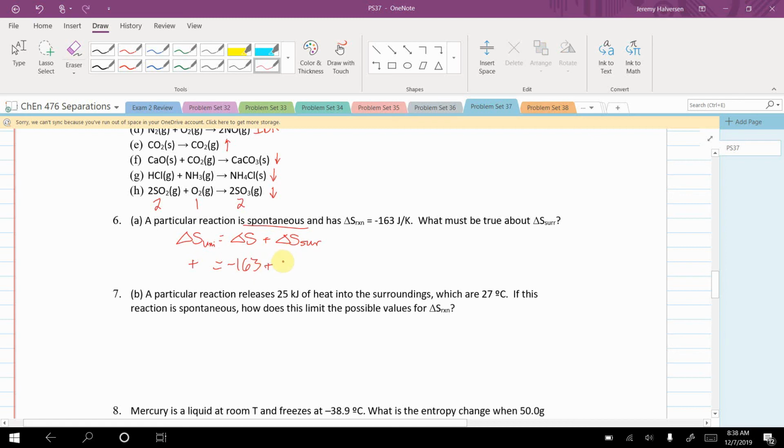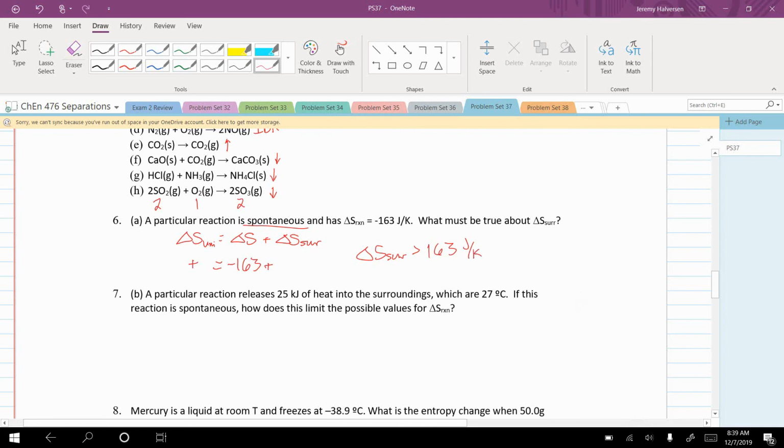It has to be bigger. If it's 163, they're going to add up to 0. So in order to be positive, I need this to be greater than positive 163. And again, that's joules per Kelvin.